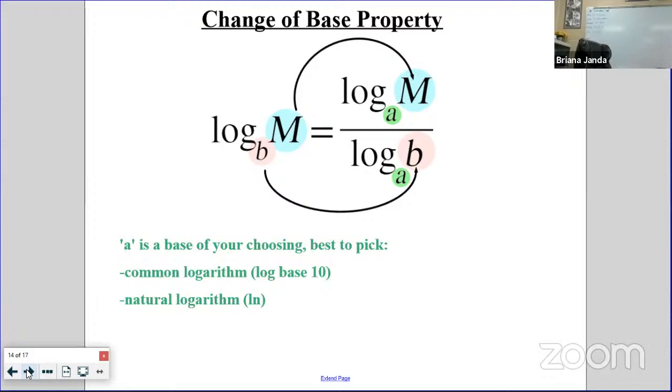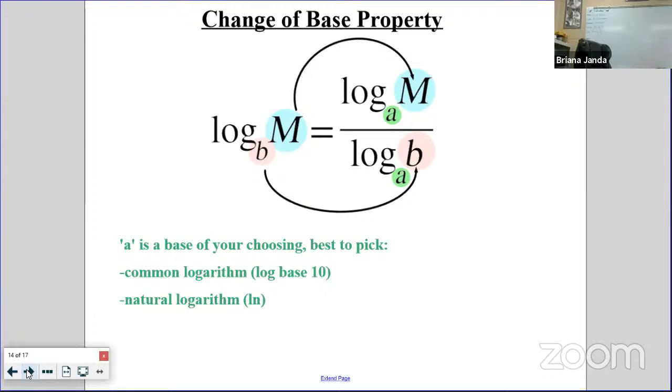So there's this thing called the change of base formula. It says I can rewrite any logarithm to have any base I want by doing this: log base, whatever I want, of what was originally inside, divided by log base, the same thing I just picked, of what the original base was.